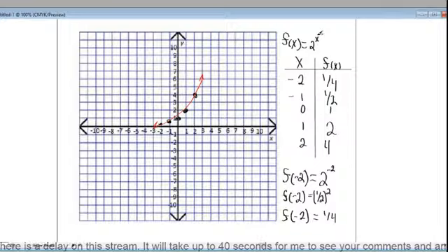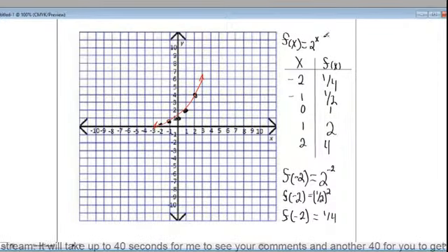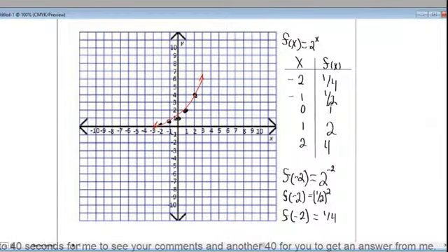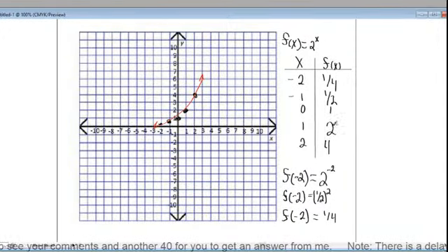There is no number that I can plug in for an exponent to make 2 be 0. If I plug in 0 for that exponent, it just makes this 1. If I plug in a negative number for this exponent, it doesn't matter what it is, it's just going to be one of these numbers flipped as a fraction.